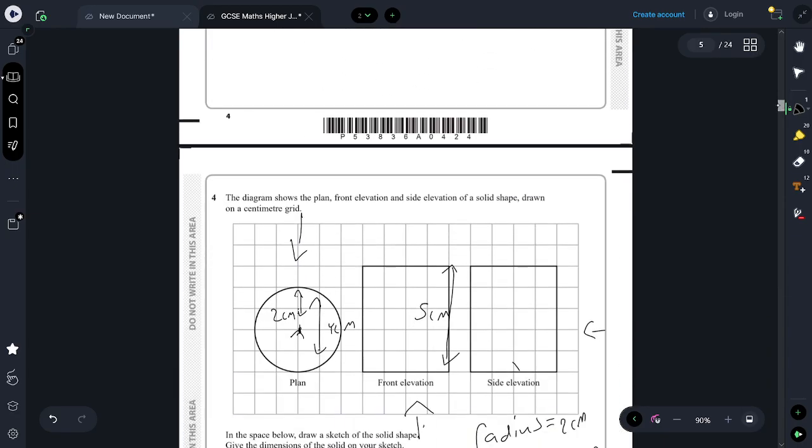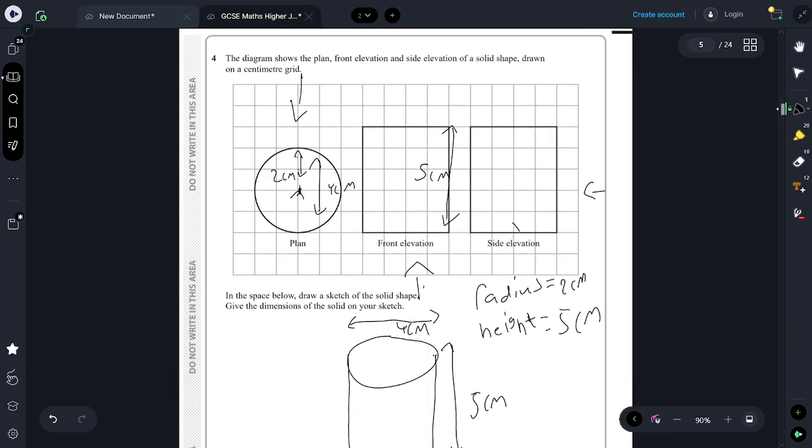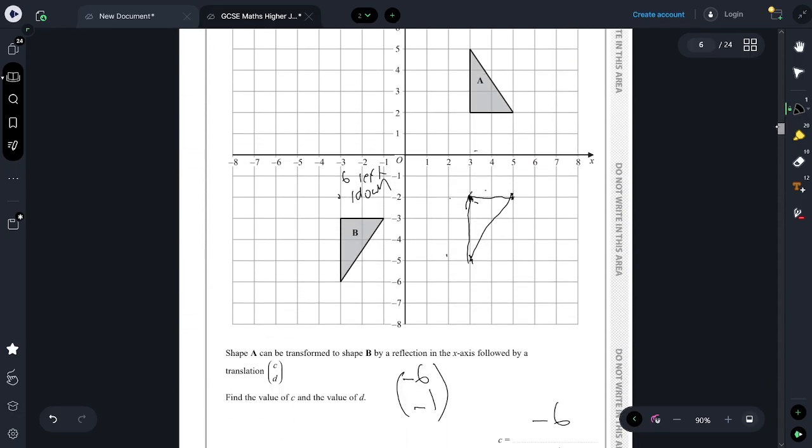There was one exactly like this, where you have to deal with plans and elevations and the sketch of the shape. Translations and all the transformations were on both the papers.